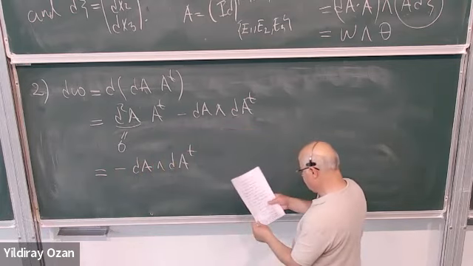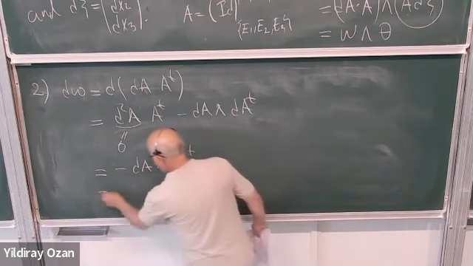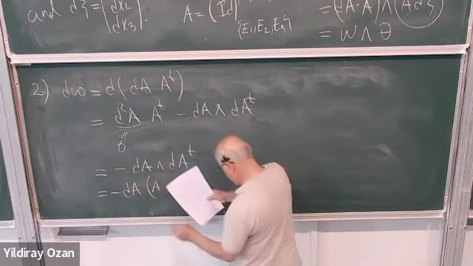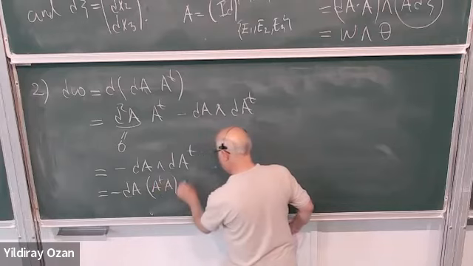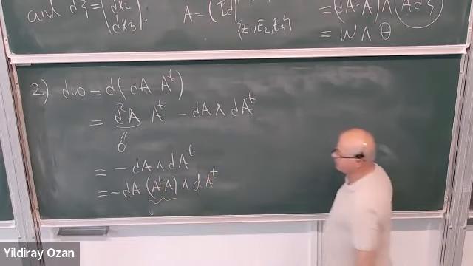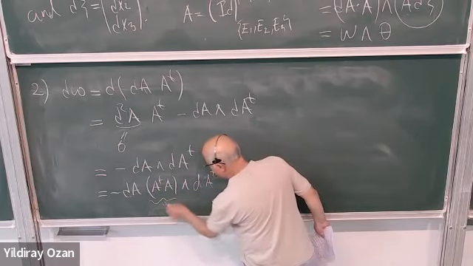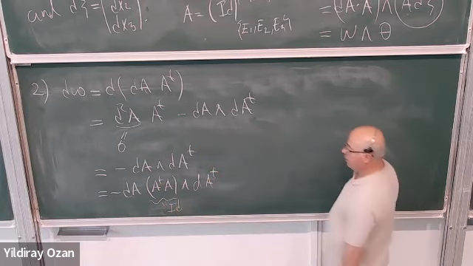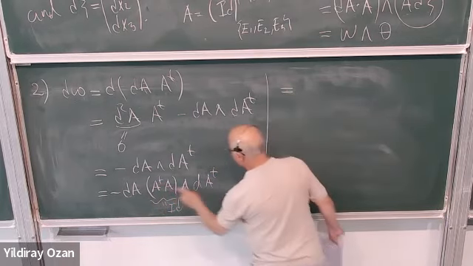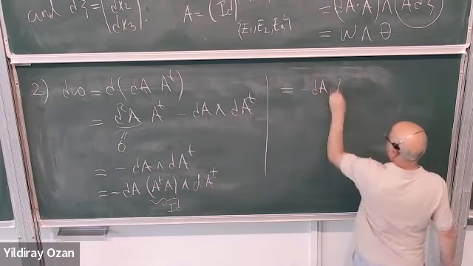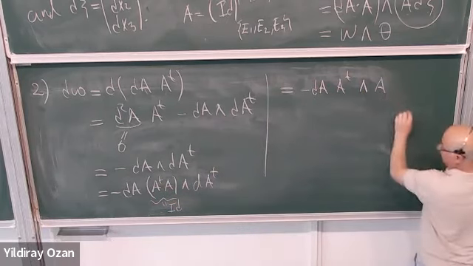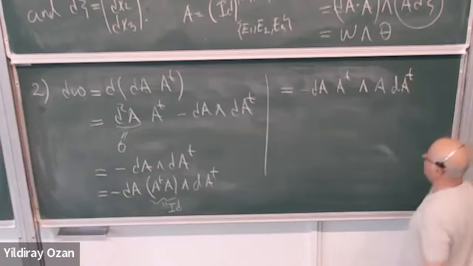And I can write it this way. Again, minus dA. Here I write A transpose A, and then wedge product dA transpose. Now this is a scalar matrix. It is again identity, right? This is just the identity matrix. And I can separate this and write it this way: dA times A transpose, wedge, I take this A to the other side, A times dA transpose.